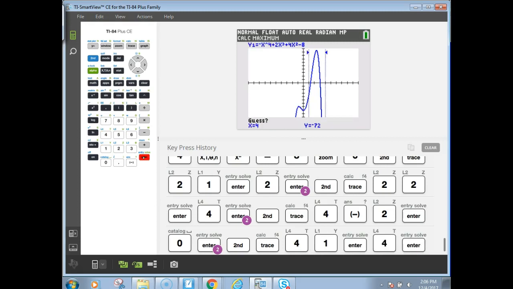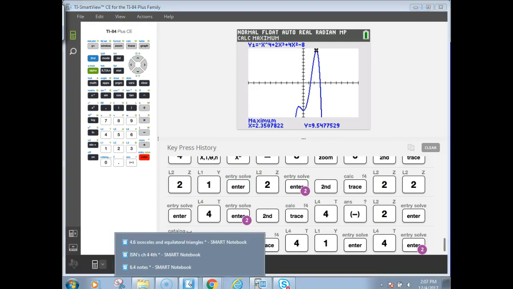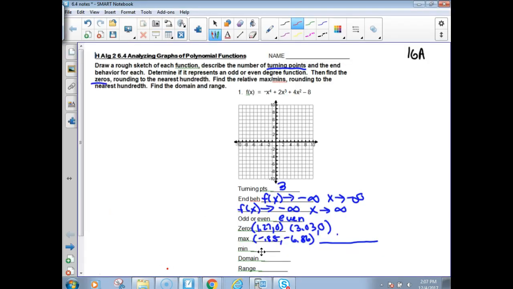All I'm doing again is giving a left-hand bound that I know it's between and a right-hand bound, and then I can find that relative max. This one's at 2.35, 9.55. So I got another max at 2.35, 9.55. Got to write the whole point out.